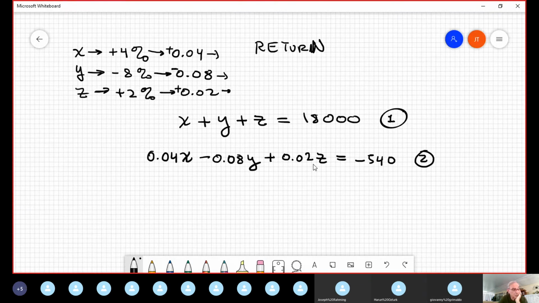And the last equation: the problem says in one part that Janet invested $2,000 more in this account, Y, than in both accounts together. That is equal to 2,000. Do you understand the third equation?